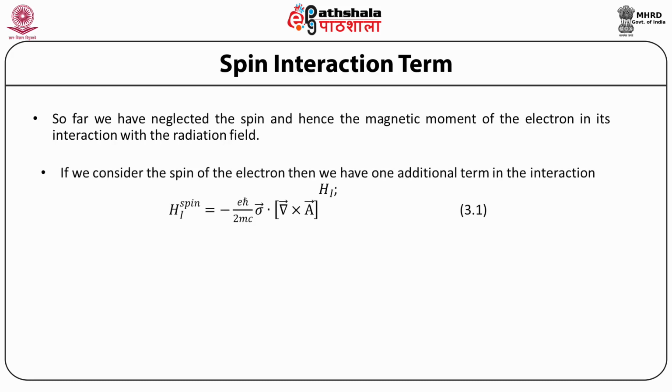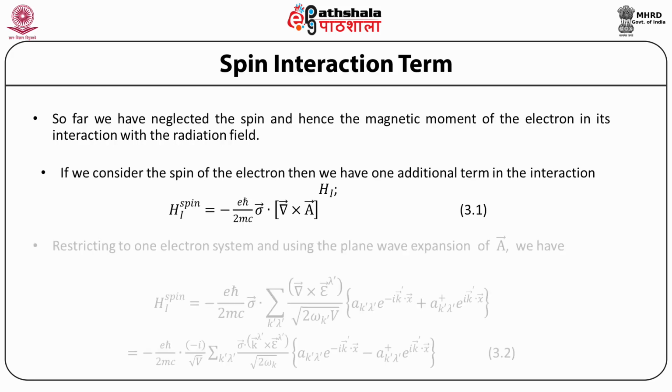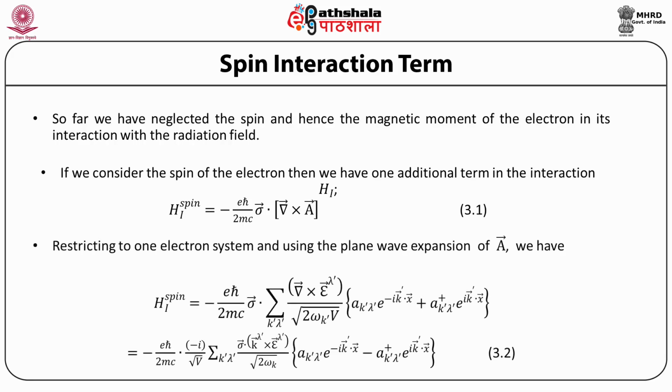If you consider the spin of the electron, then we have one additional term in the interaction Hamiltonian, which can be written as H_i spin equal to minus eħ by 2mc sigma vector dot curl A. Restricting to a one electron system and using the plane wave expansion of the A vector, we have the following expression. Before I go to that, let me briefly explain this equation 3.1.